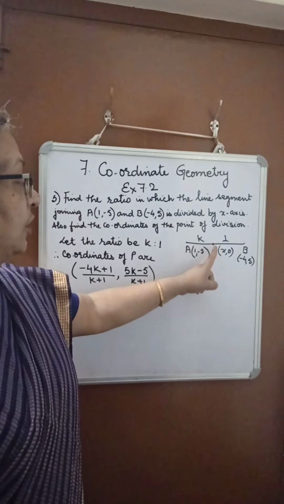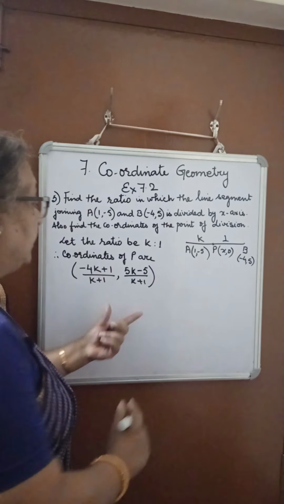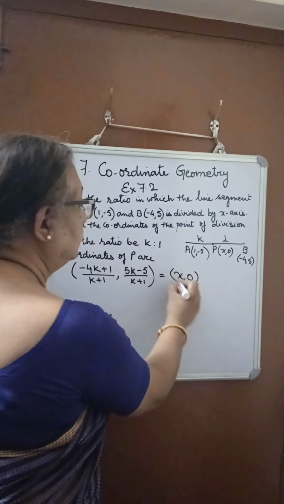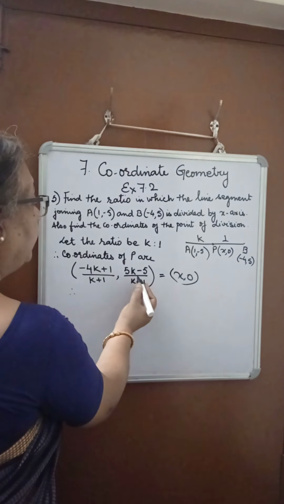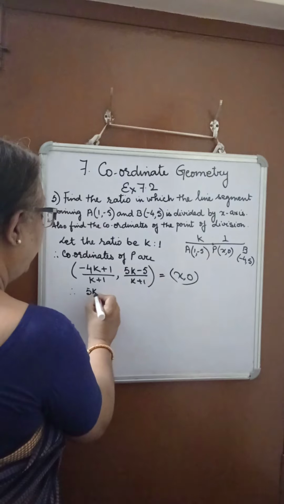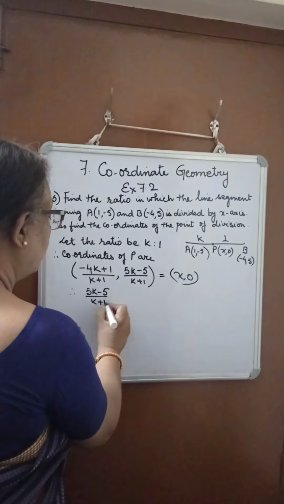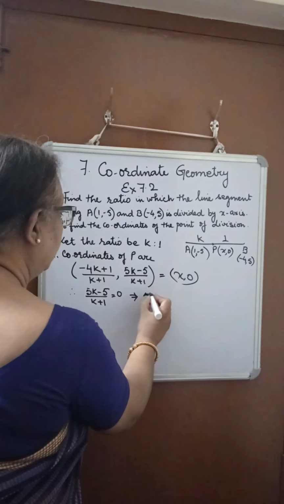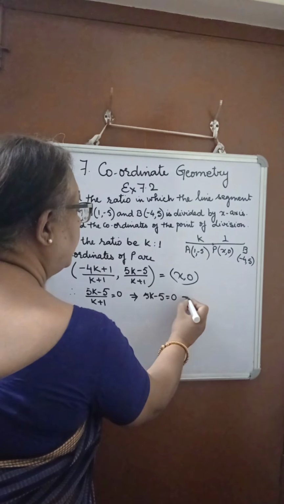Also we know the coordinates of P are (x, 0). So therefore this must be equal to this, or we can write this coordinate is 0. So (5k - 5) by (k + 1) is equal to 0. This implies 5k - 5 is equal to 0.